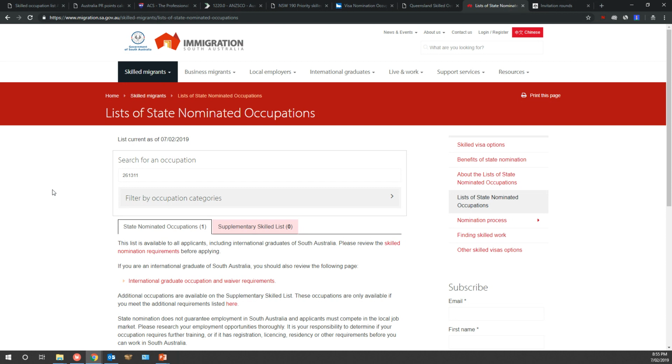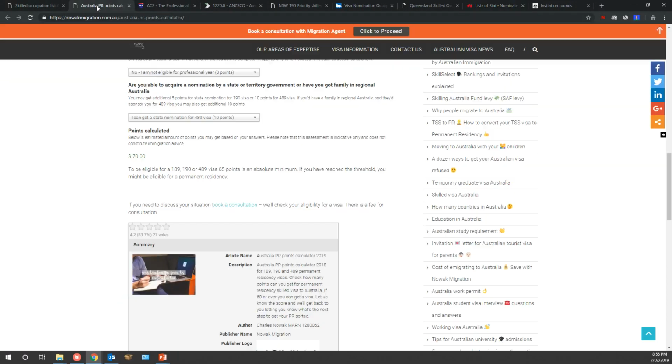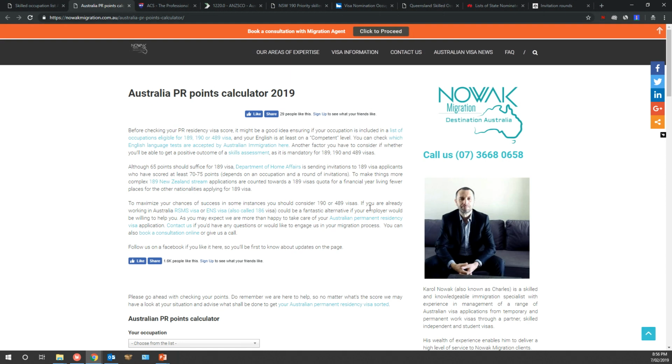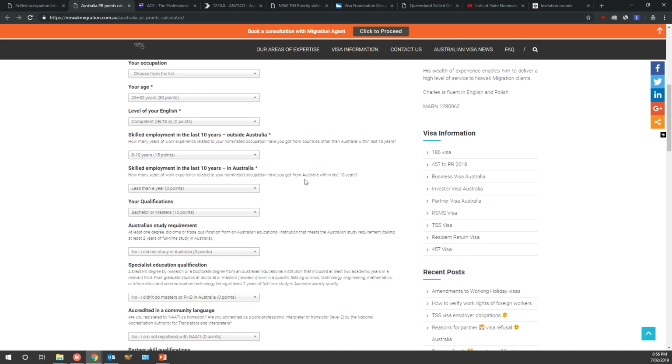So you will need to provide some sort of statement why that state and why you chose that particular state, why you want to live over there, whether you have got family, whether you did the research, whether you have been there before, and so on. So yeah, with the points, have a look over here, do the maths.